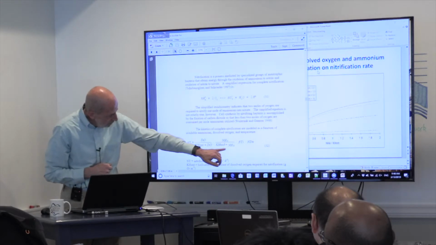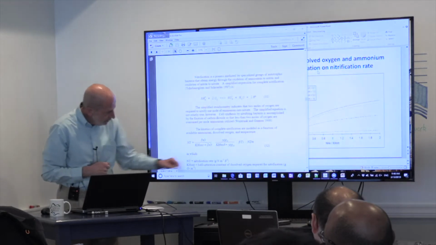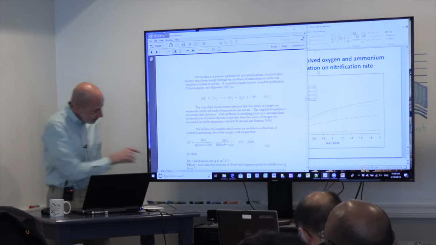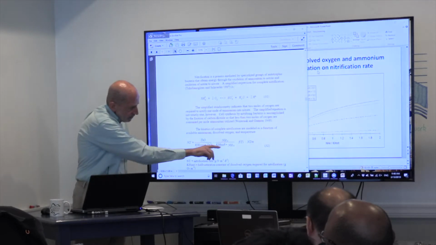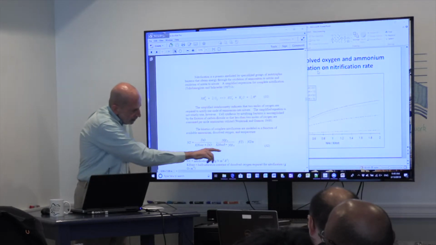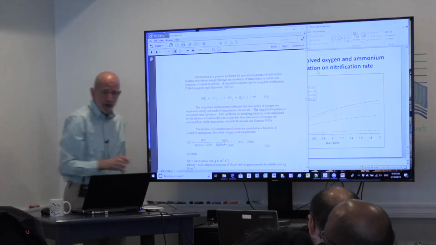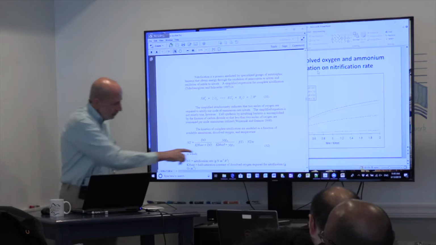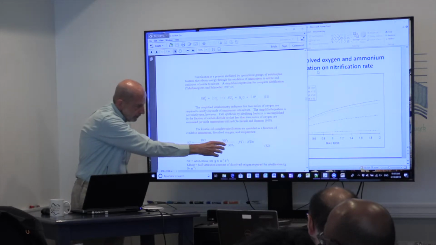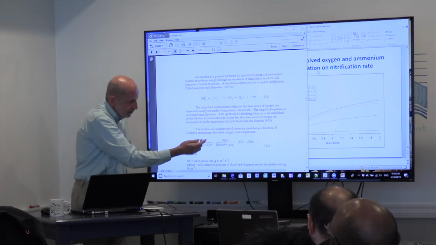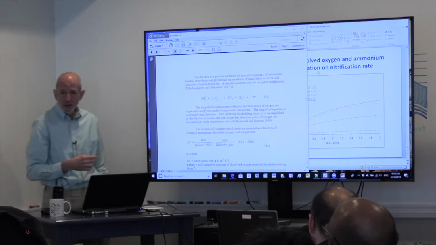Similarly, over here you get a rectangular hyperbola with the half saturation constant of ammonium. If there's abundant ammonium, this becomes unity and you get a maximum rate. If there's no ammonium, you get zero.